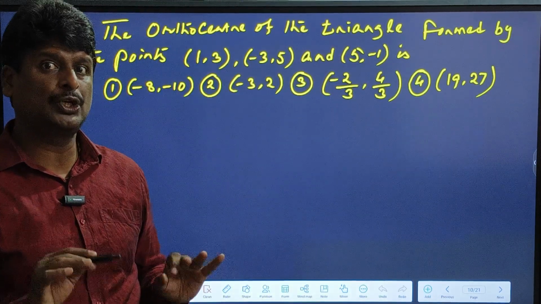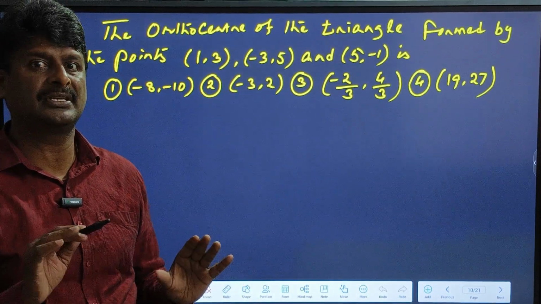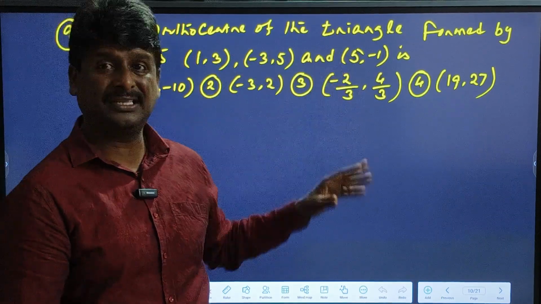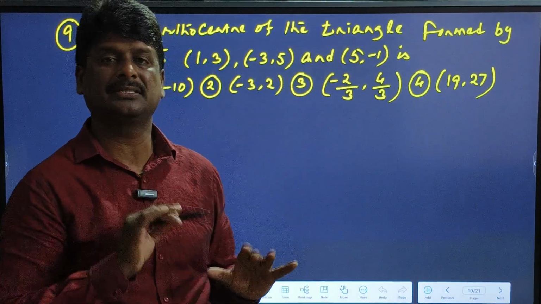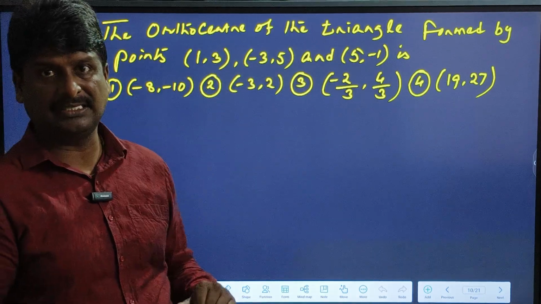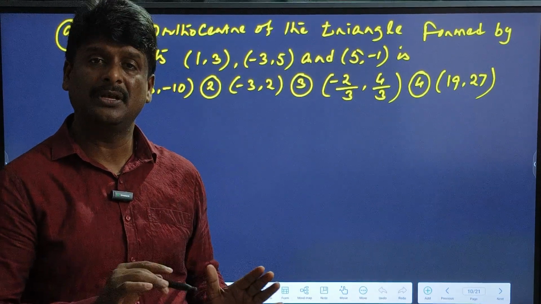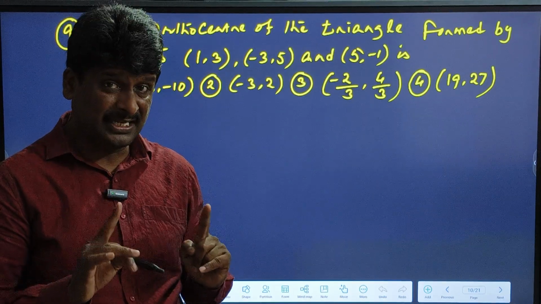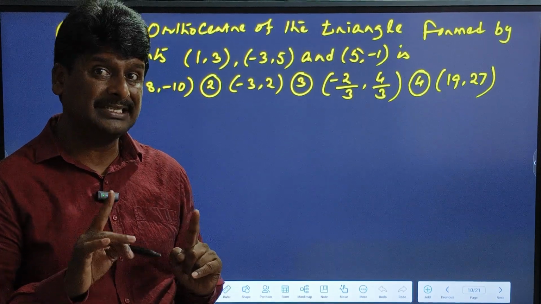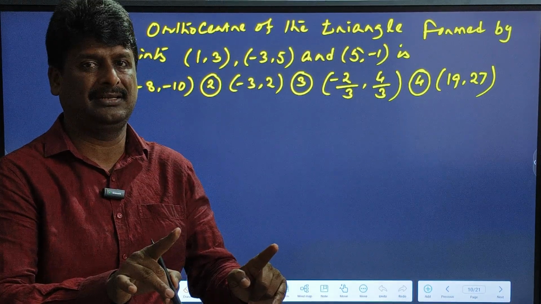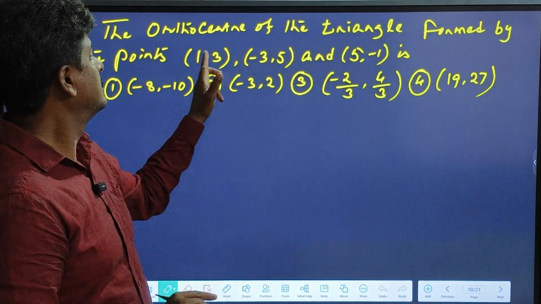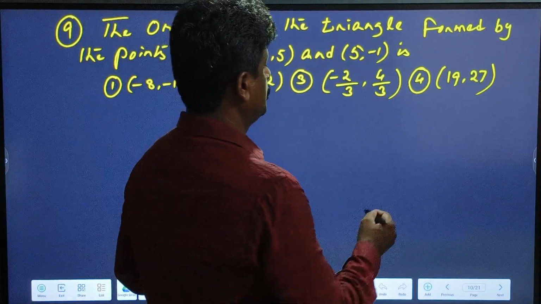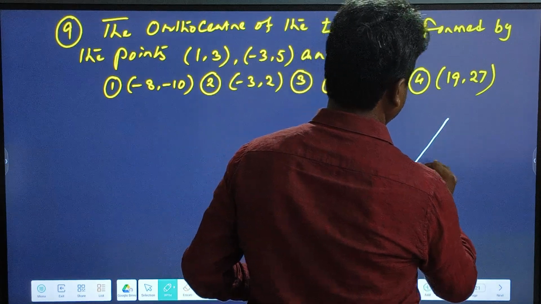As we discussed the shortcut about orthocenter in our earlier videos, if any two vertices have the same x coordinates or the same y coordinates, such a triangle is right-angled. For a right-angled triangle, the orthocenter is the vertex at the right angle. But here, such a condition does not work out. This is not a right-angled triangle.